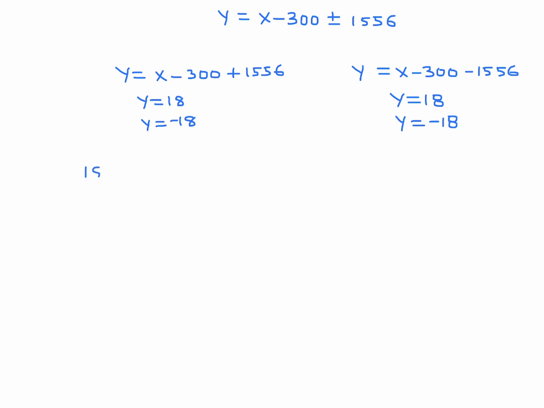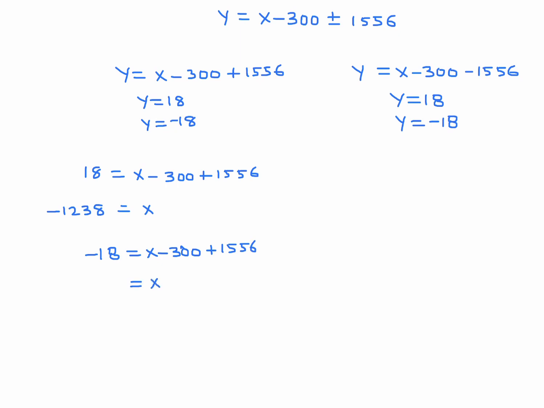Let's do the first one. 18 is equal to x minus 300 plus 1556, and therefore x is equal to minus 1238. The next one, minus 18 is equal to x minus 300 plus 1556, and that gives me x is equal to minus 1274.